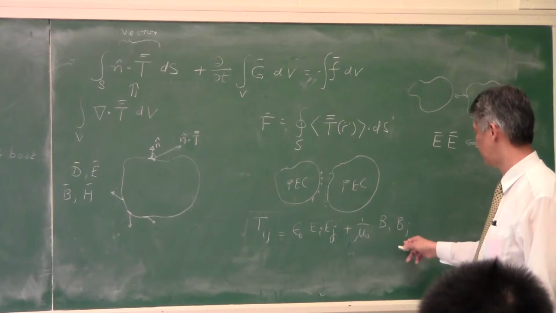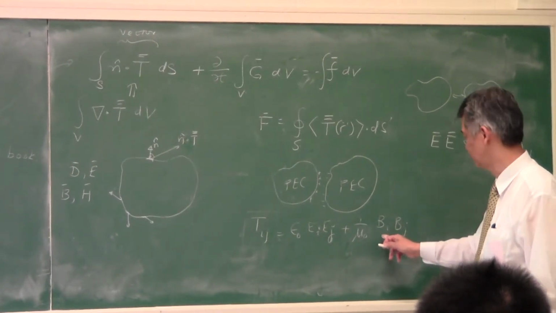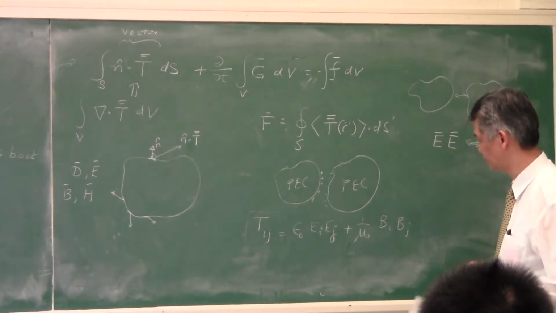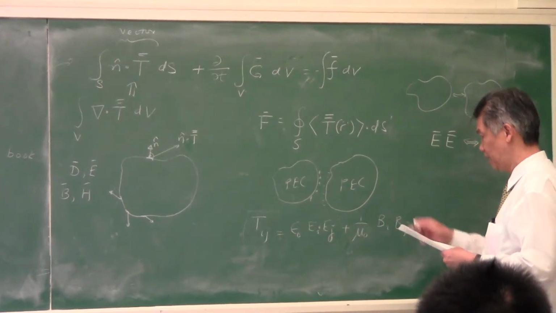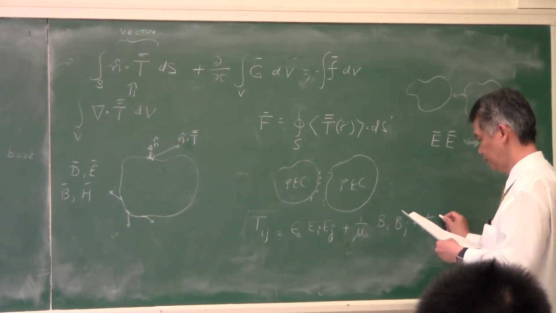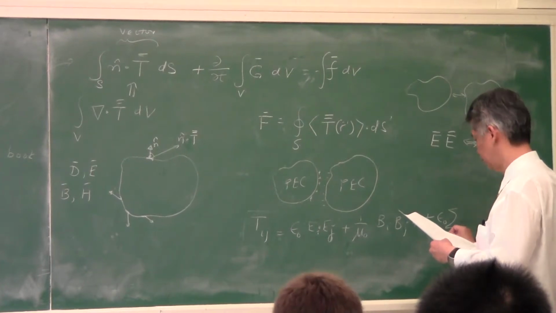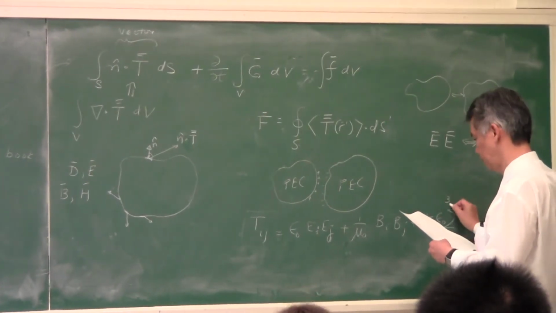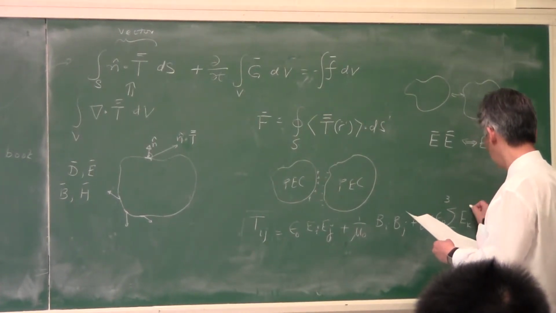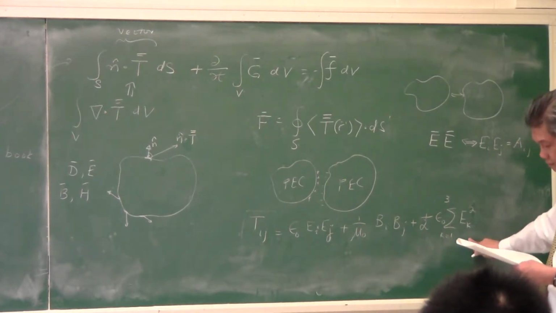And then this is the outer product again. I think we used that kind of thing in a course sometime. And then there are other terms that result from the inner products. So you have the sum over k equal to 1 to 3 of E_k to the power of 2. This is the inner product.